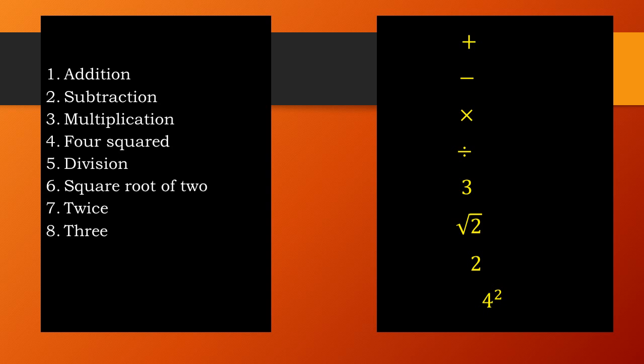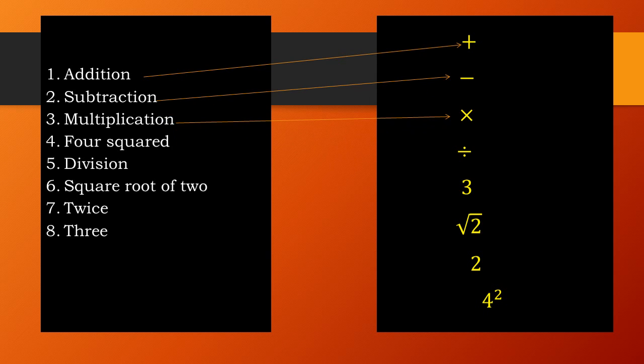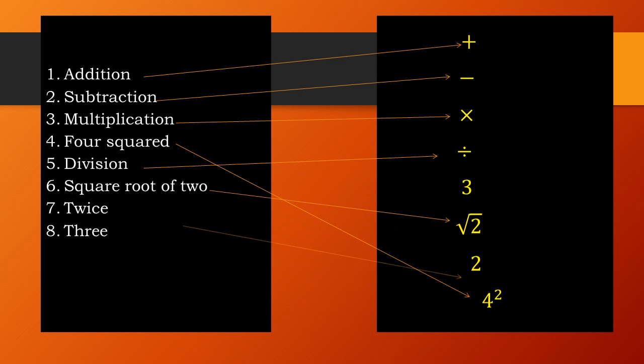We have the addition, so the symbol of this is here, while subtraction, then multiplication. After that, we have 4 squared. Then division, square root of 2, twice, and 3. I hope that you are ready to go forward with our lesson.